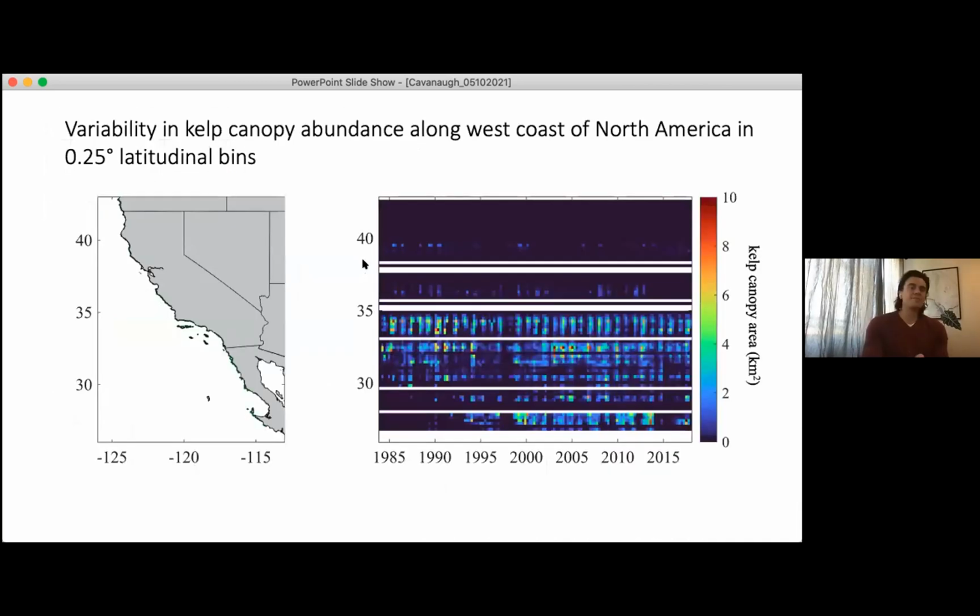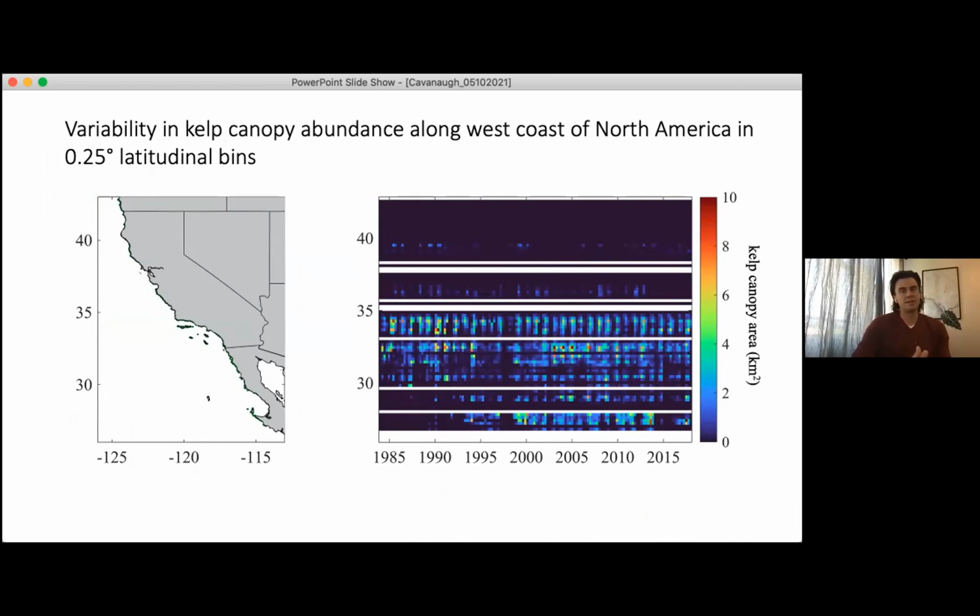This is just showing the same data, but now instead of choosing 4 large regions, I've separated into smaller quarter-degree latitudinal bins. The bright colors are higher canopy area, and you can see in general more canopy, larger beds, more dense canopy in Central and Southern California than Northern California. That's largely driven by the bathymetry and bottom type.